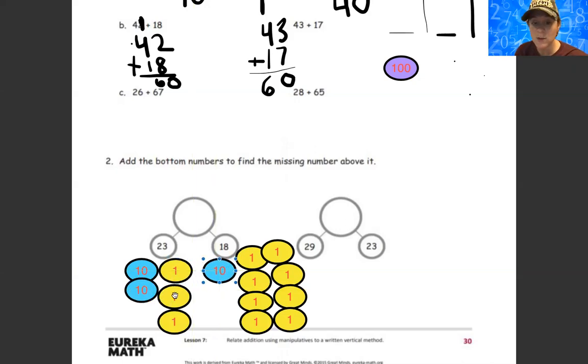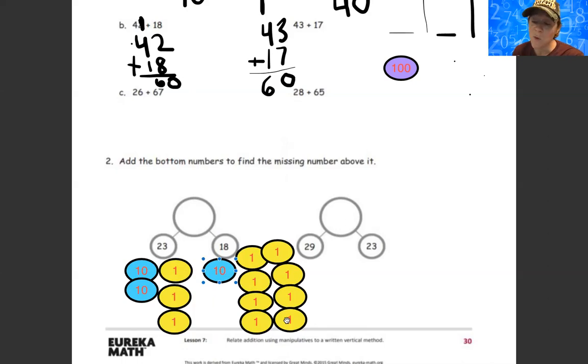So this is 23 plus 18. If we look at our ones column first, like we know we're supposed to, we are going to add our ones together. And we have 1, 2, 3, 4, 5, 6, 7, 8, 9, 10, 11 ones. Remember, when we have a group of 10, we have to bundle them and make it a 10.